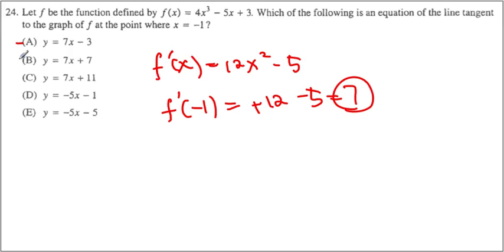So we're looking at one of these 3 points. But the fact that a line is a tangent means not only that they have the same slope, but also that it has to contain the particular point. What is f of -1? F of -1: the first term becomes -4, the second term becomes positive 5, and the third term is already given as 3.